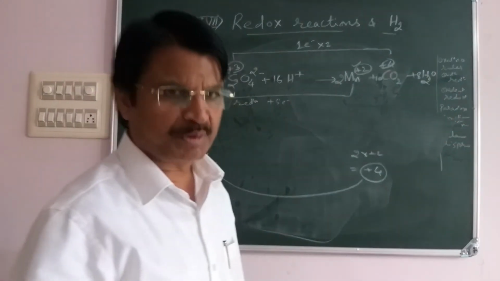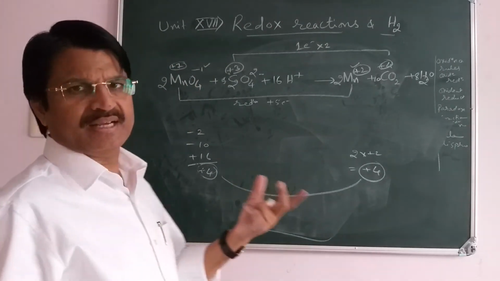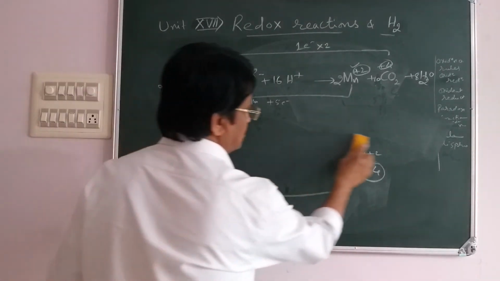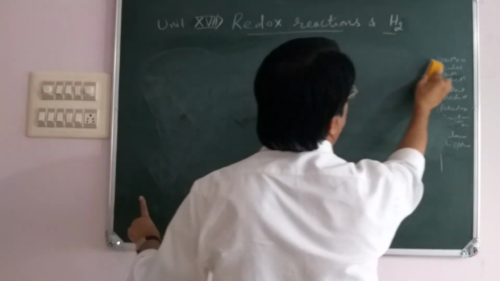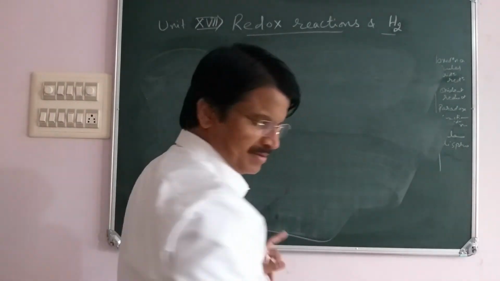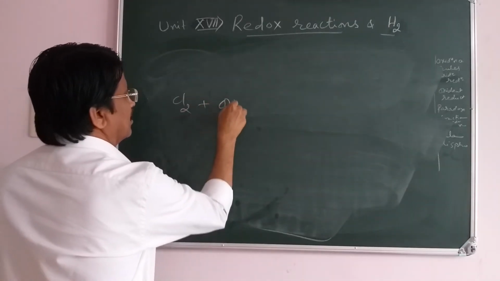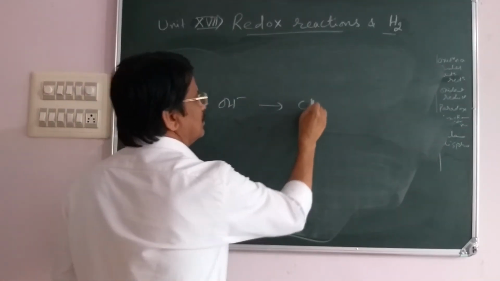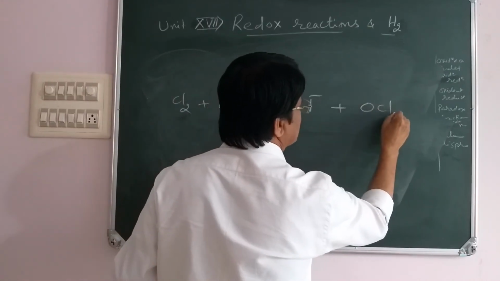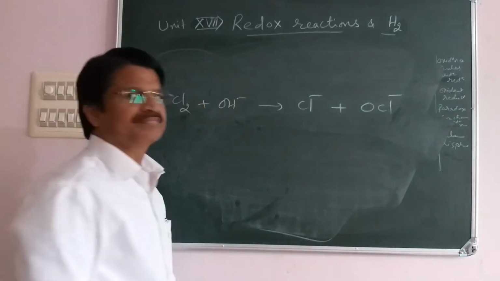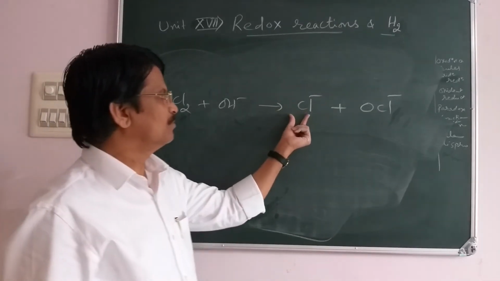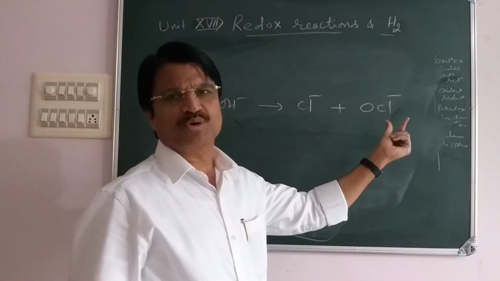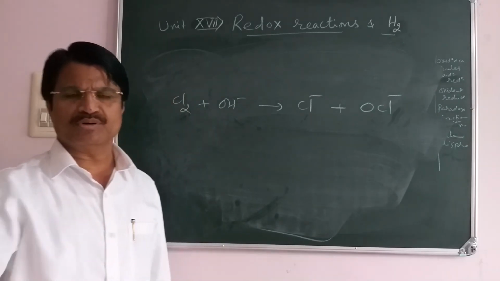Then disproportionation reactions. When is a reaction said to be disproportionation? Take the best example: chlorine in alkaline medium gives Cl minus ion and OCl minus. Example, chlorine plus sodium hydroxide gives sodium chloride and sodium hypochlorite.